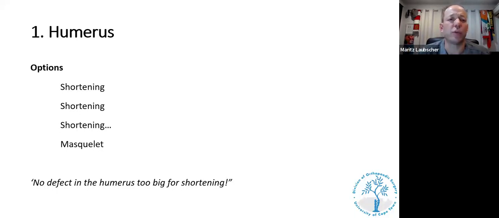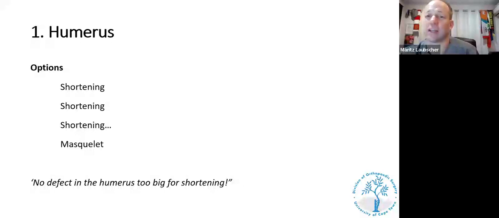Okay, so just to run through a few specific scenarios, just in the humerus. For me, the option in the humerus, luckily you don't walk on your upper limb, is shortening. You can maybe consider other options in very large defects that are too large to shorten, but you can shorten almost any defect in the humerus.